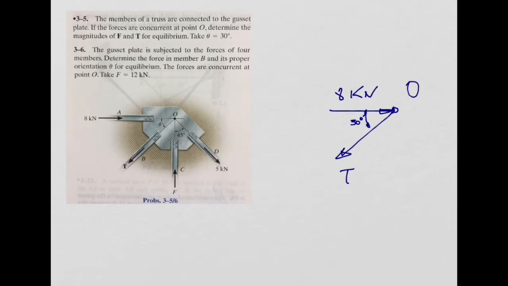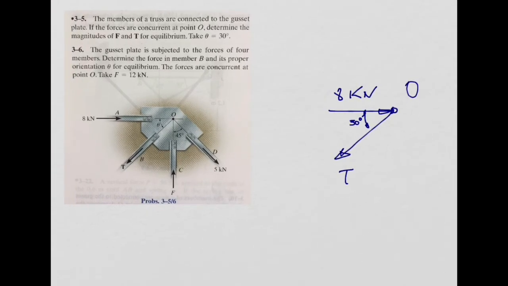Okay, what else do we have? We have now this force F, this one, that I'm also going to include here. F, which is also unknown. We don't know the value of this force.